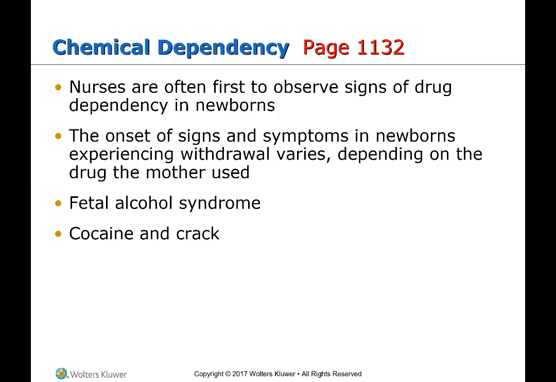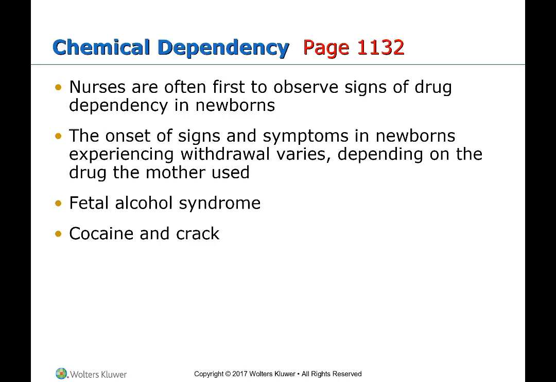Okay, I'm going to skip down to nursing considerations. One of the things that a nurse needs to do is to get the mother that is using or abusing drugs, alcohol, tobacco, etc., to actually tell the nurse what she is doing, how much she's using, and so on.